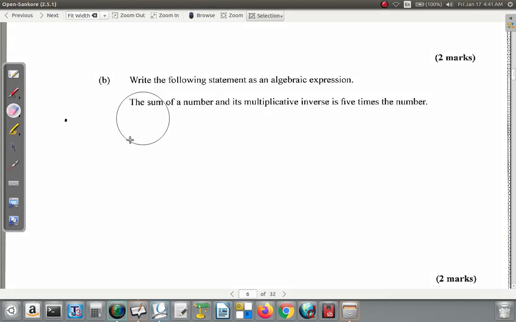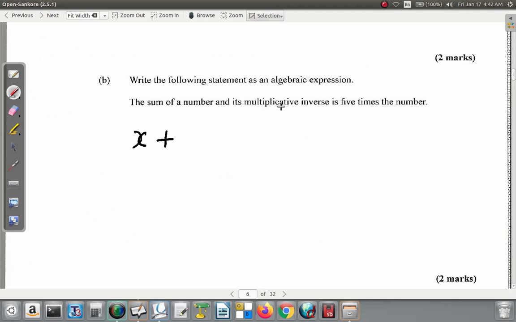The sum of a number and, they didn't say what number it is, so let's say it is x, and they said the sum of a number and something else, so it's x plus something.